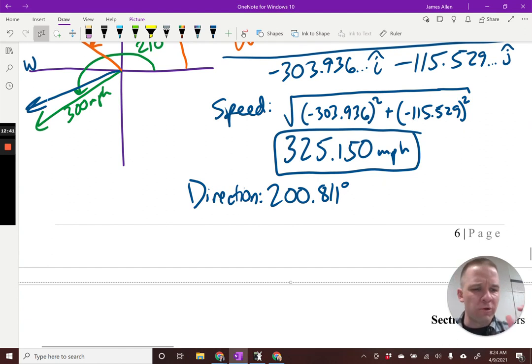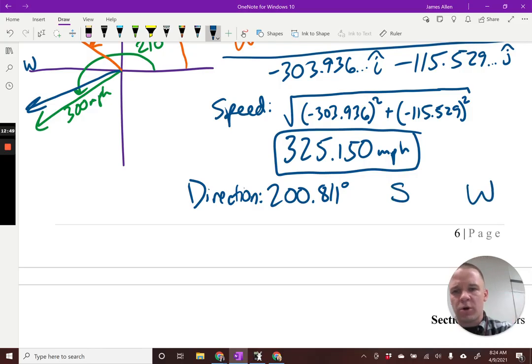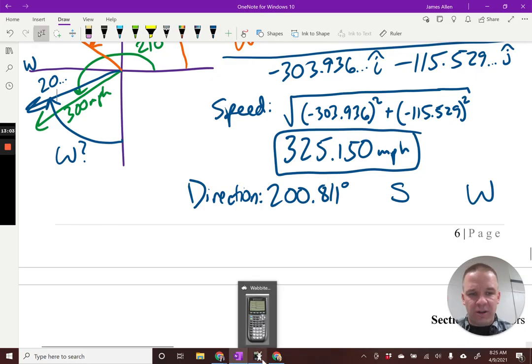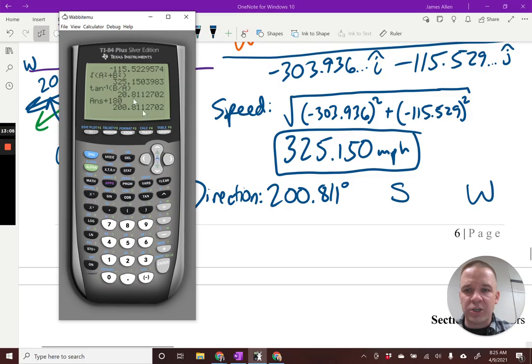So when we're talking about compass directions, if we said south, how many degrees west, right? Because that's what we're doing there. How many degrees west? Right there. Well, if this was the 20-ish, whatever that was in the calculator, I'll pull it back up. Could we get the other one? Yeah. So if I find out what that little void is right there, I had the 20.81127, blah, blah, blah.